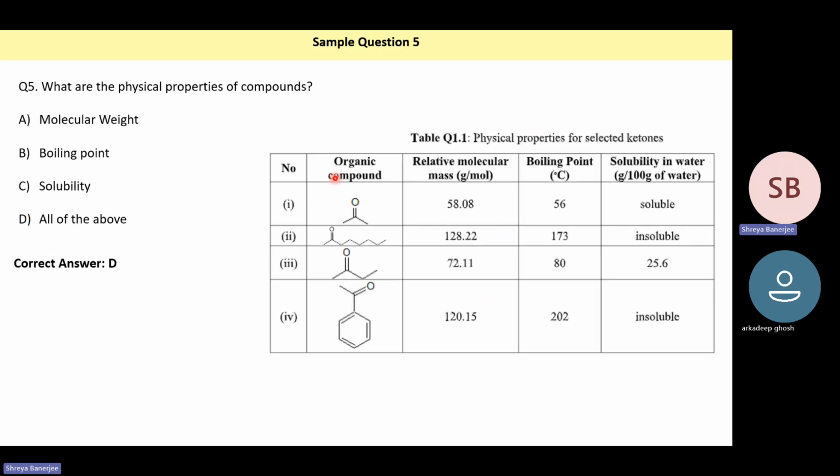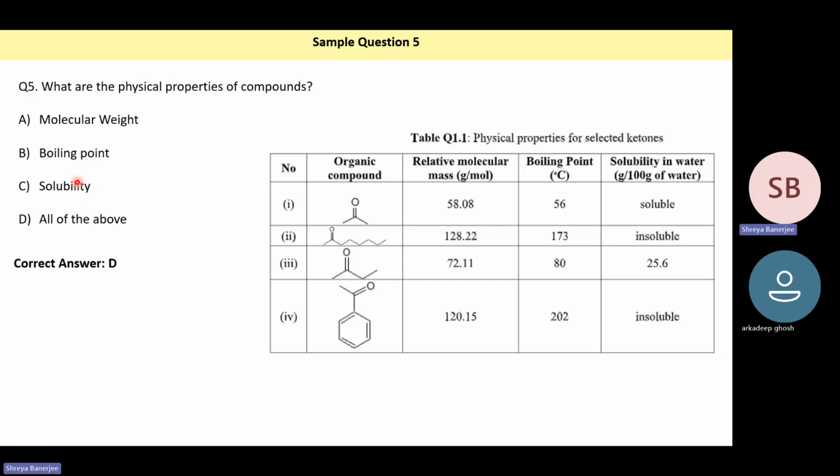We know that a compound has a molecular mass. Depending on different molecular mass, it can have different boiling points. Depending on the functional groups, it can have different solubilities. These are all physical properties of compounds.